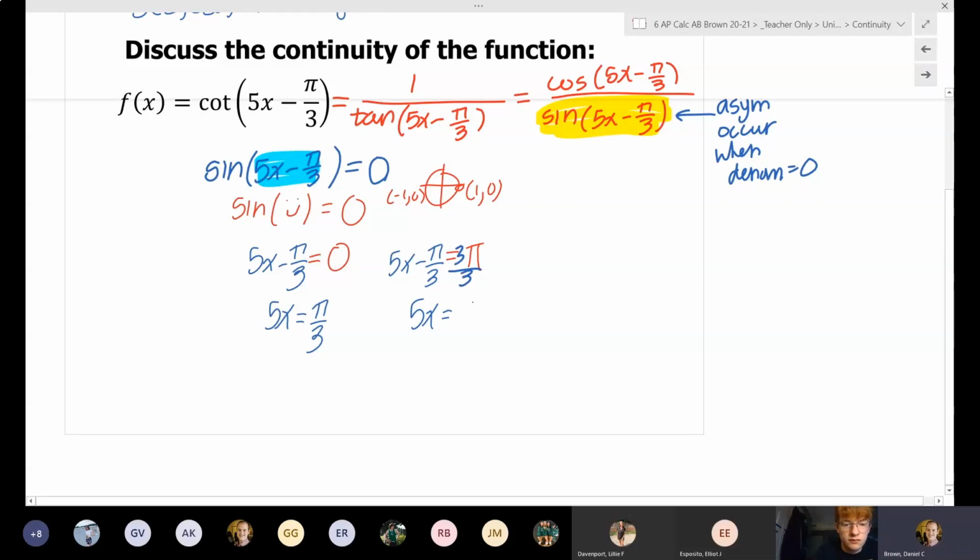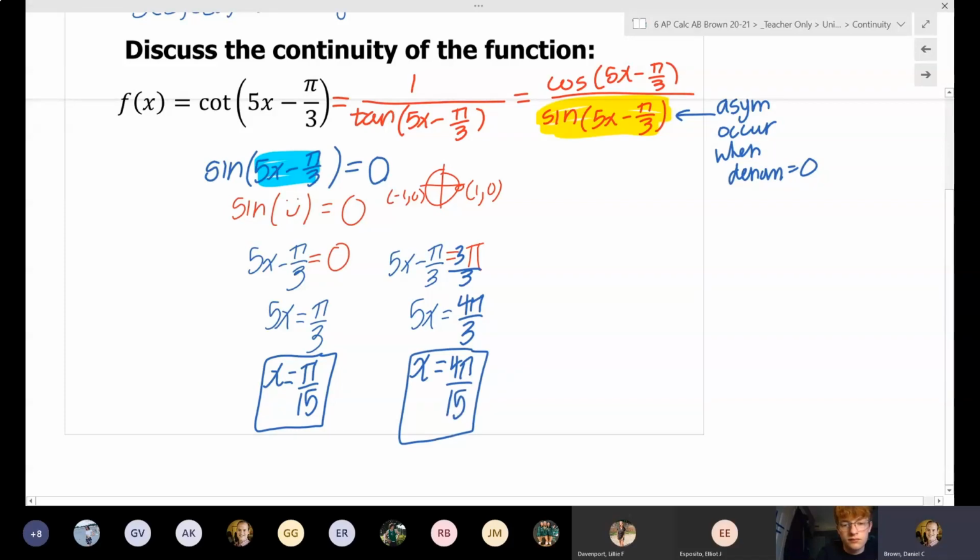So add pi over 3, and I get 4 pi over 3. And then I want to divide by 5. Remember, dividing by 5 is the same thing as multiplying by 1/5. So I have one vertical asymptote at pi over 15 and another vertical asymptote at 4 pi over 15. And so those are two equations of your vertical asymptotes.